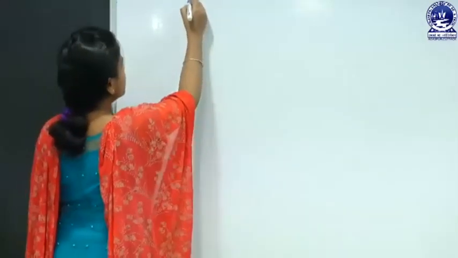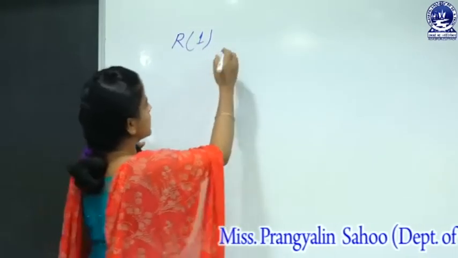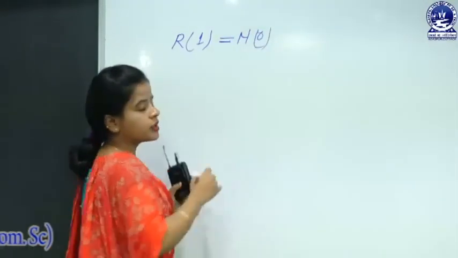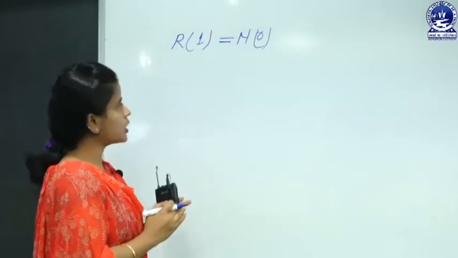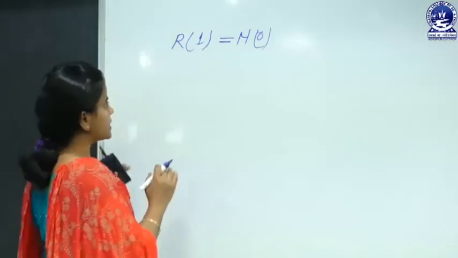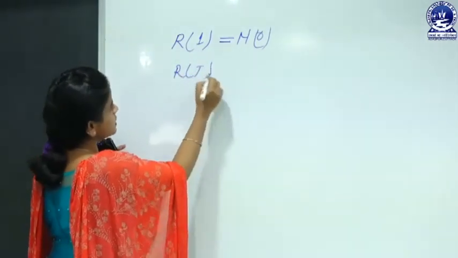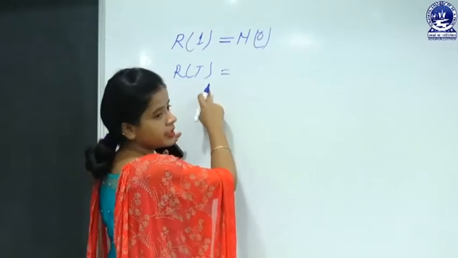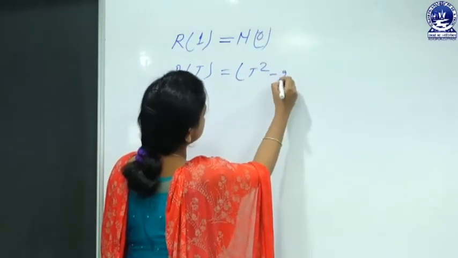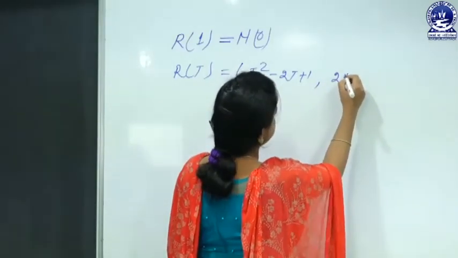That means if the value of r of 1, the first order of the given curve equation, is equal to n of 0, the zeroth order value, then the given curve is continuous in nature. Suppose one equation is given, r of t, the first curve: t square minus 2t plus 1, and the other value is 2t.